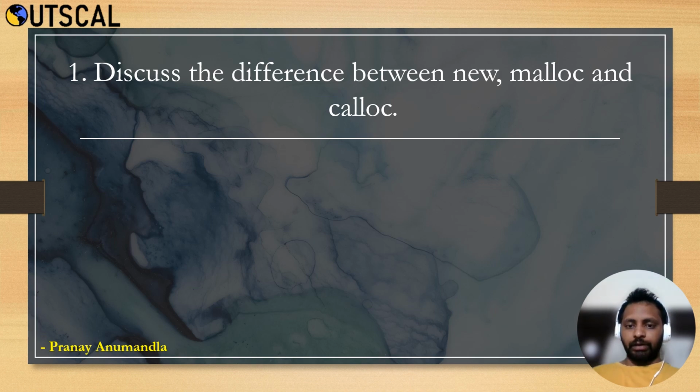The return type might be int, character, float, whatever, and it will have multiple blocks for the memory variables. We can pass two parameters, the number of elements and the size of the memory allocation, depending upon the data types. If we are using two ints or two floats, depending upon the data type, the size of the malloc and calloc will be declared. Okay.